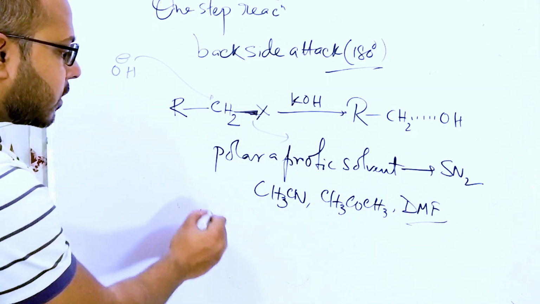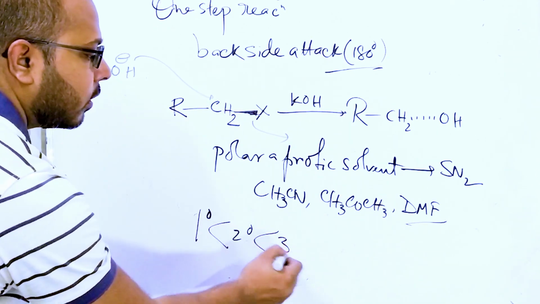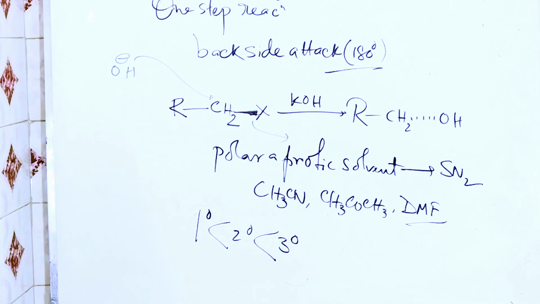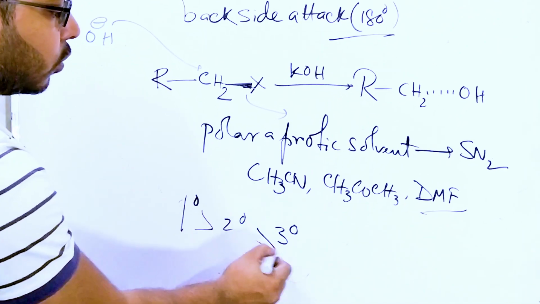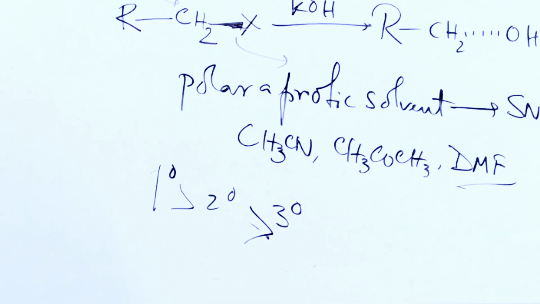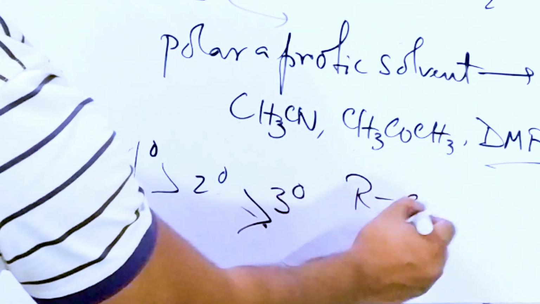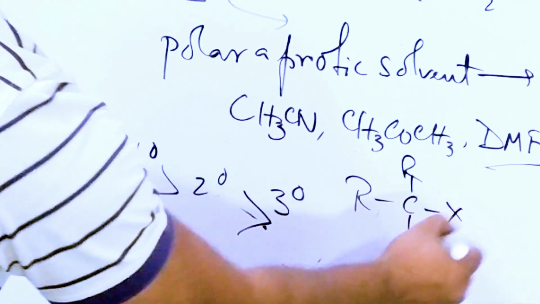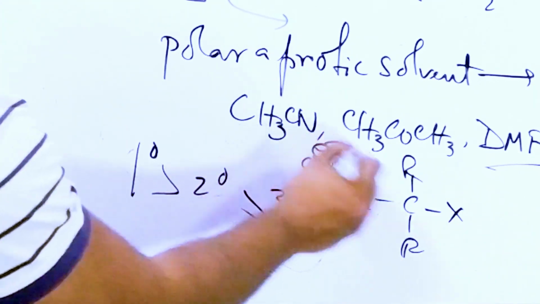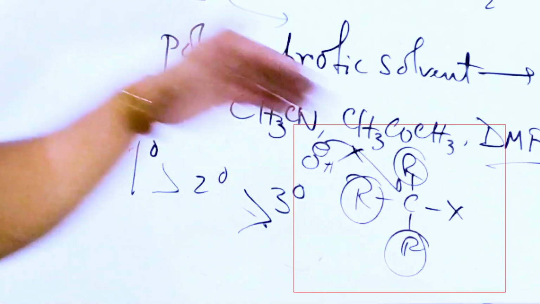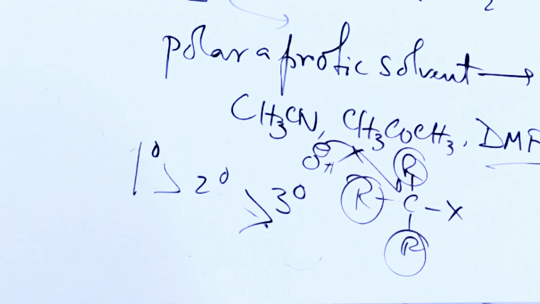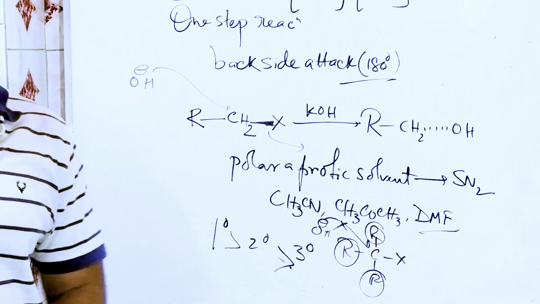And if the substrate is tertiary, then SN2 is not going to happen. Why? Because if the substrate is tertiary, then there will be huge repulsion from the backside attack. That is why it is not going to happen.